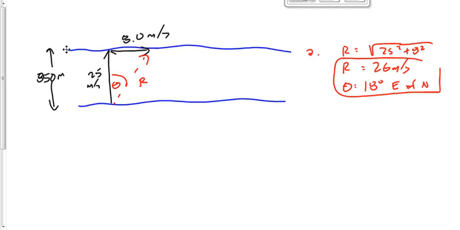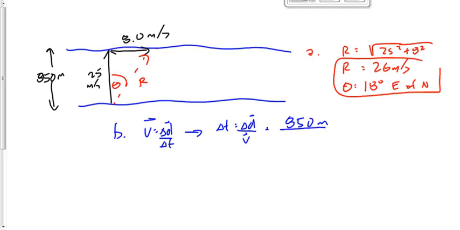Question B says, how long does it take the ship to cross the river? Well, we're going to say V is equal to delta D over delta T, right? Rearrange to solve for T. The T goes up by multiplying, the V goes down by dividing. Basically, they swap places. The only displacement I have here is 850 meters. Alex, what velocity do I have to use with that 850 meters directly across the river?